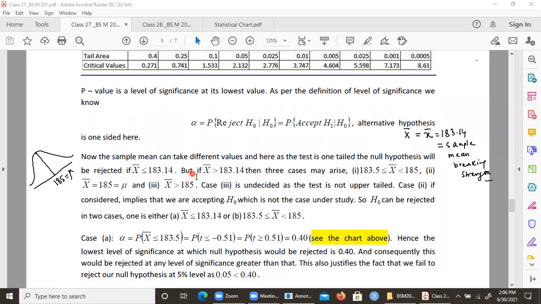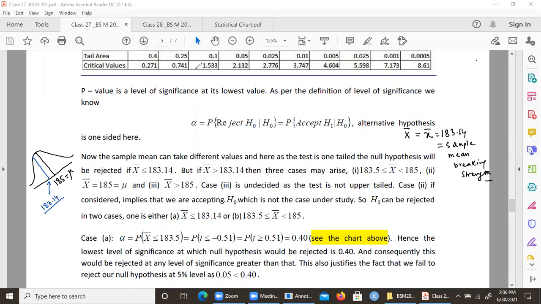Okay, but if X bar, suppose I'm considering this, according to my calculation, the sample mean breaking strength is lying somewhere here at this point. So I am considering this point to be 183.14. Now, if X bar is greater than 183.14, three cases may arise. What are the cases?